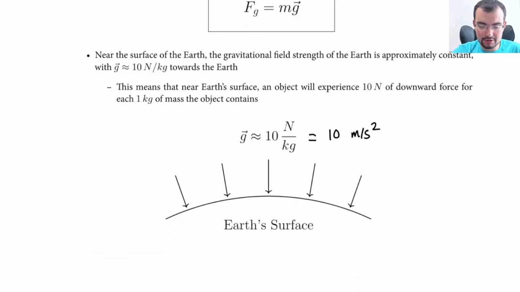And this is generally what the gravitational field strength looks like at Earth's surface. It changes if you have big distances, but we will always assume we're doing our physics close to the surface in these problems, unless it's something about planetary motion.